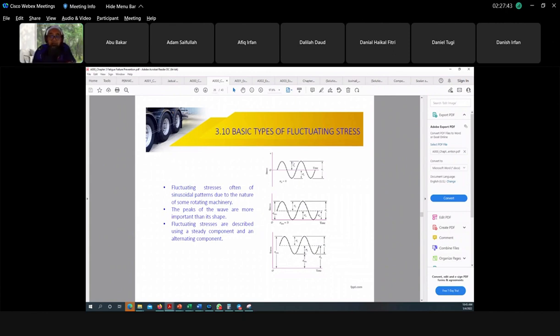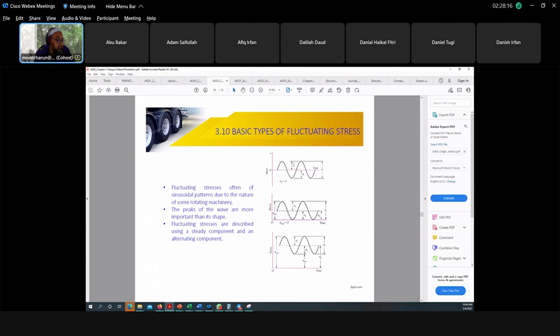that's the original. So we have to calculate the real one. For the real one, we need to calculate the KF. When we get the KF, we multiply KF with the original stress, then we get the corrected, the real one.